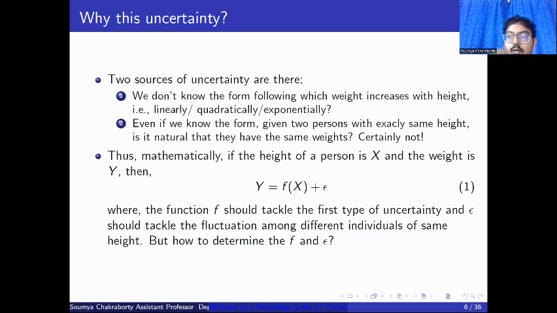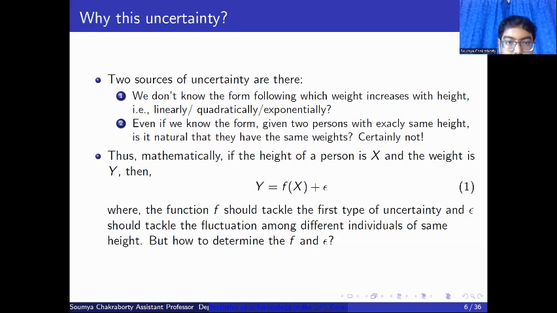That is, a person who is 6 feet tall may weigh 65 kg, may weigh 67 kg. This fluctuation will be taken care of by epsilon. So now we have rephrased our problem mathematically, the relationship between height and weight, although it carries many uncertainties.